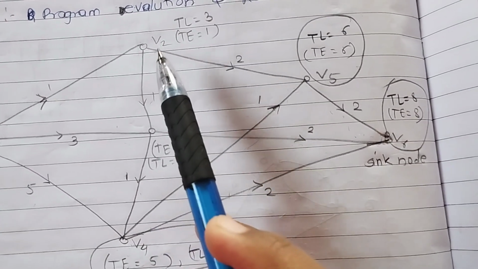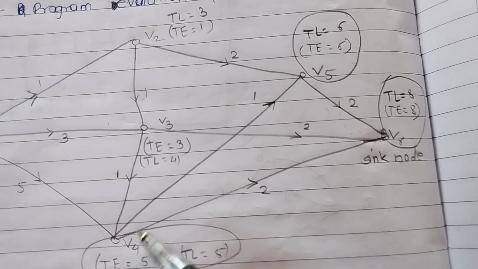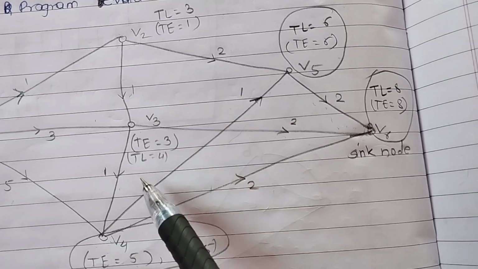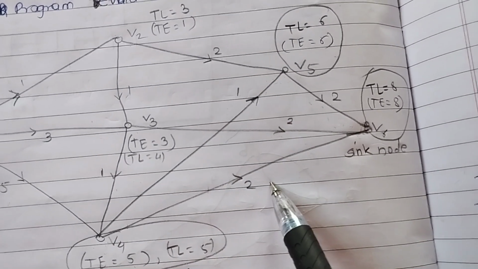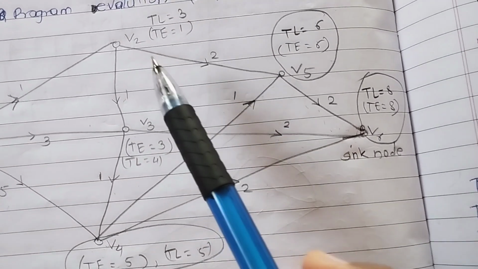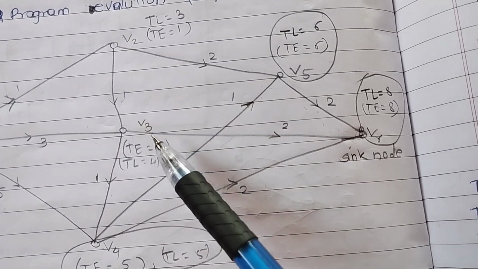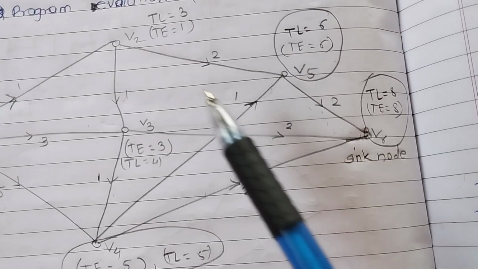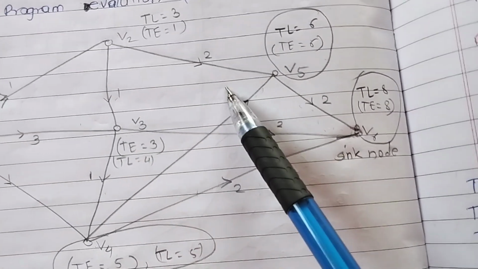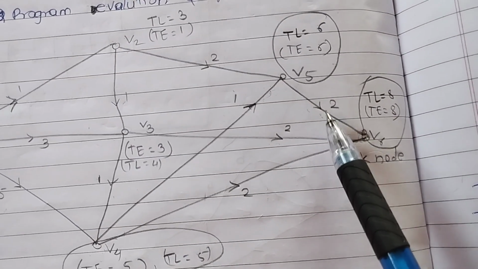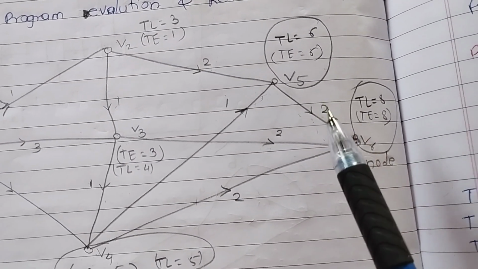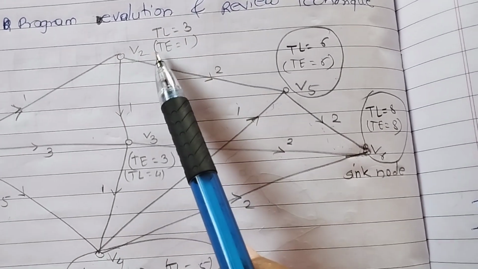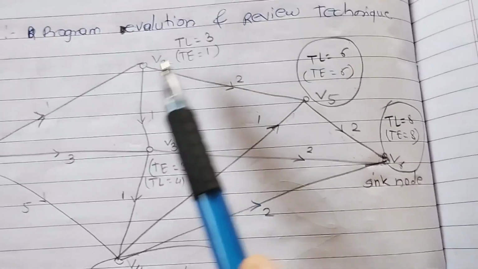Remaining, go from V2 to V3, V3 to V4, V4 to V6, the count is 1 plus 1 is 2 and 2 plus 2 is 4. The second possible path is V2 to V3, V3 to V4, V4 to V5, V5 to V6. The count is 1 plus 1 is 2, 3, and 2 more is 5. So the maximum count is 5. So 8 minus 5 is 3. So TL of V2 is 3.